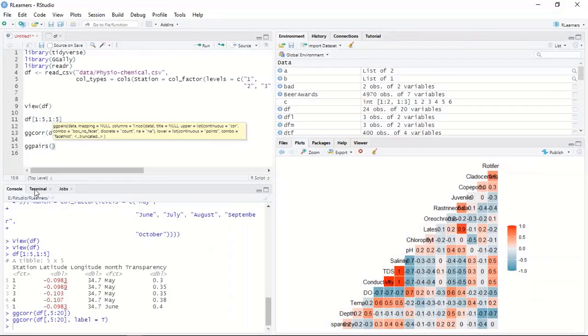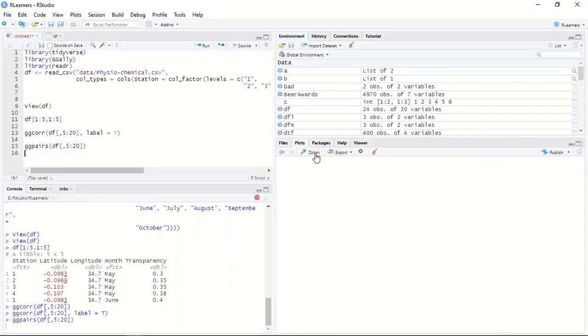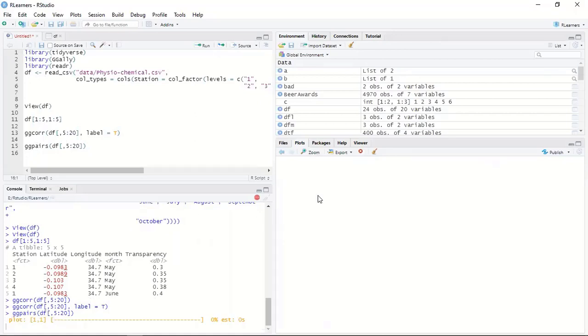We want to do the same. We want the numerical variables to 20. Okay, let's see what happens. Let's see what that gives us.